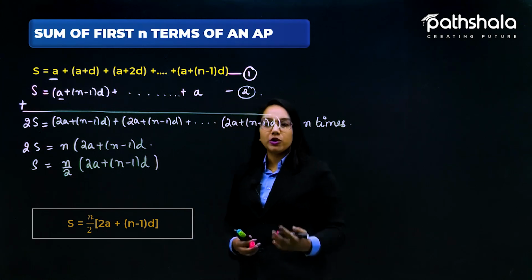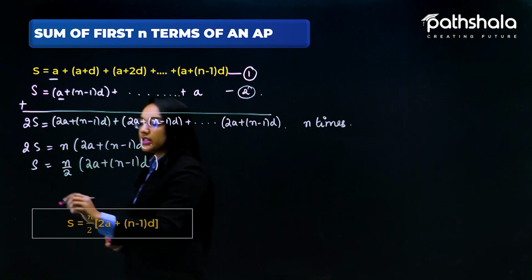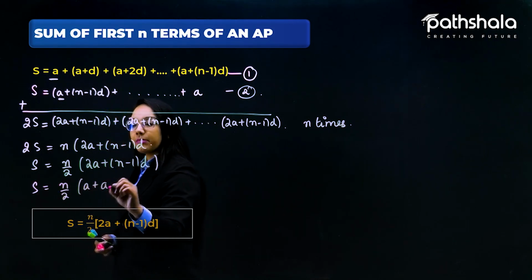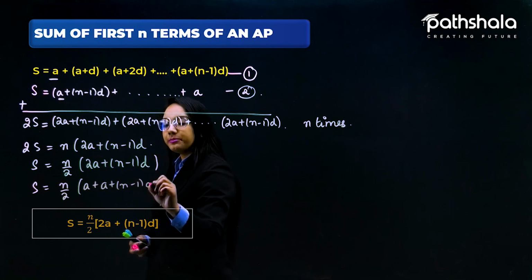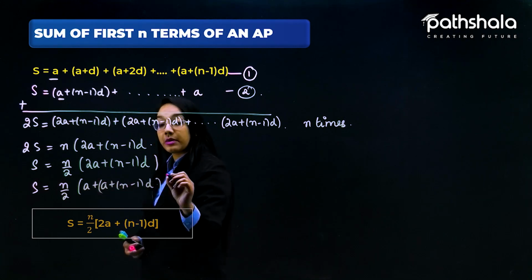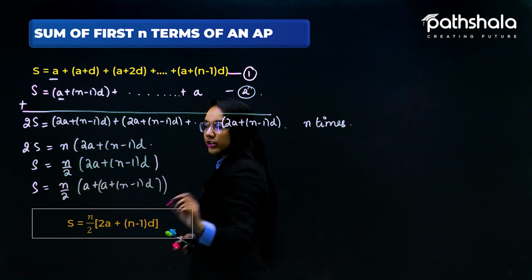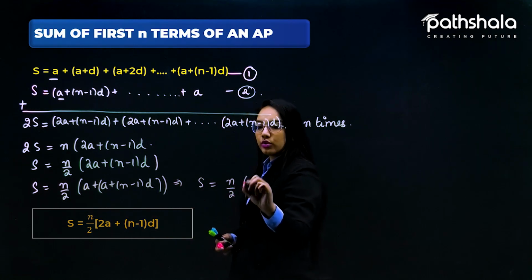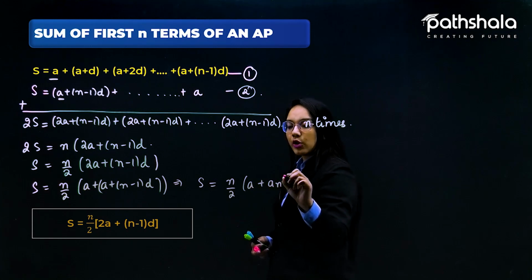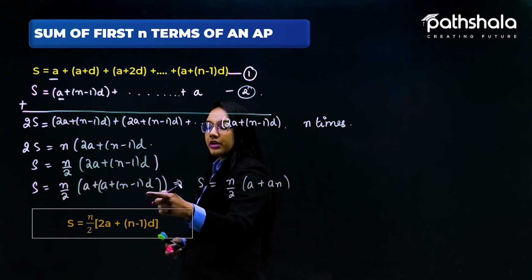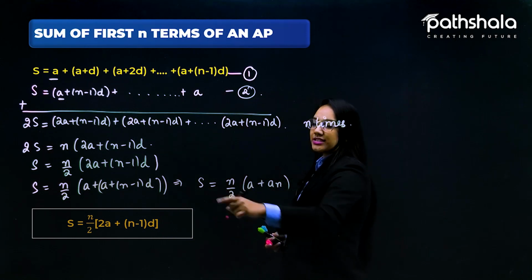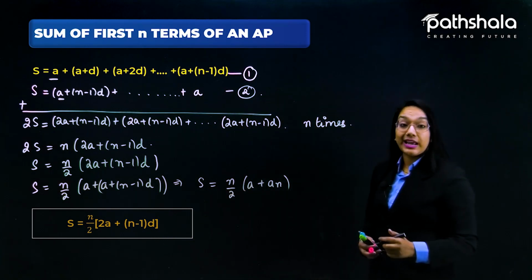Moreover, you can also write this formula as S is equal to n by 2 into a plus n minus 1 into d. Further, we can write this as S is equal to n by 2 into a plus an, because we know that an is the representation of the nth term of an arithmetic progression. So S is equal to n by 2 into a plus an.